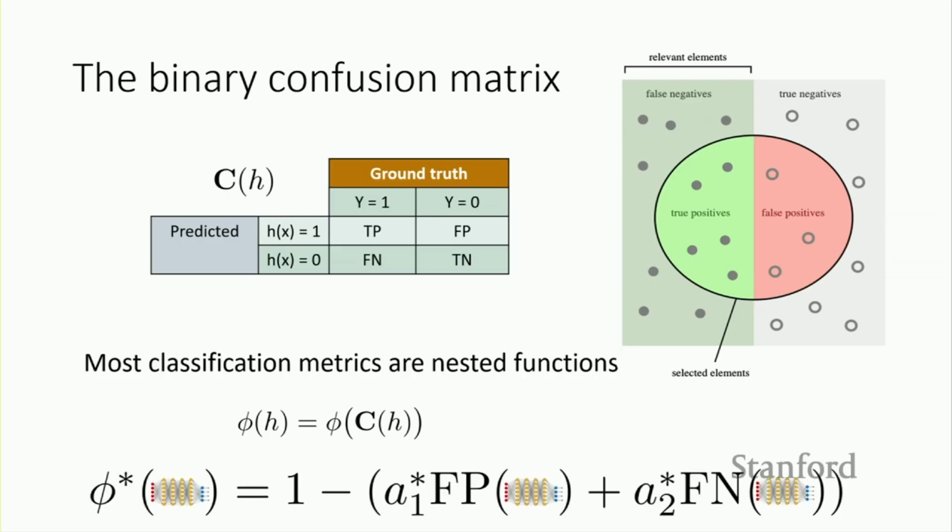In particular for linear ones, for binary ones, you can think of the metric as just a weighted sum on the off-diagonal. So it's some number that multiplies the false positive number, another number that multiplies the false negative. Again, there are some degrees of freedom that you have to play with. But linear metrics can be written as just picking these 2 numbers.